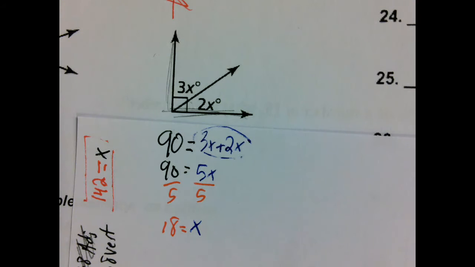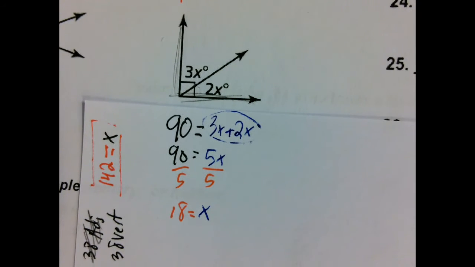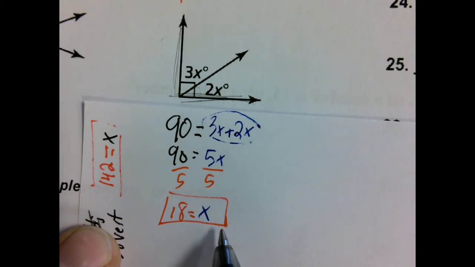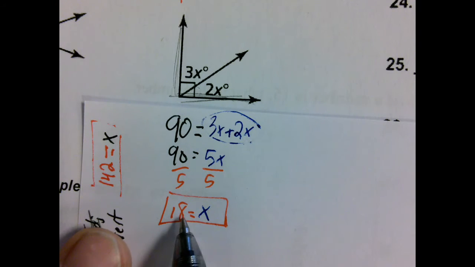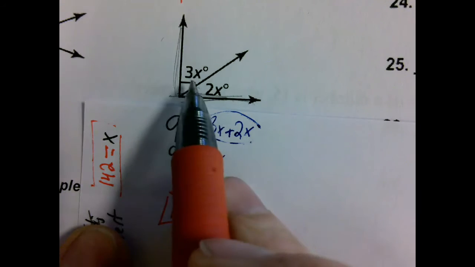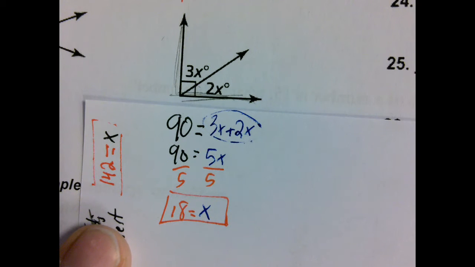And again, like we saw on our scale line assessment, answer the question. Since it said find the value of x, you're done. If they wanted the missing angle, you need to take 18 times 2, which gets you 36 degrees, and 18 times 3 gives you 54 degrees. Make sure you do those if that's what's needed.